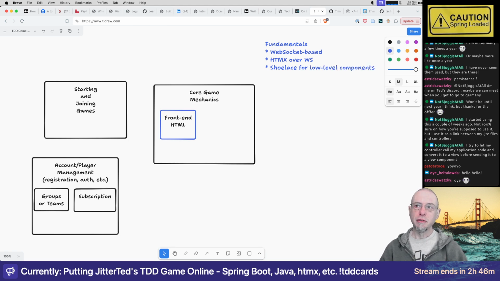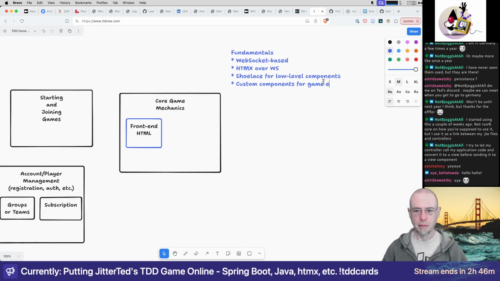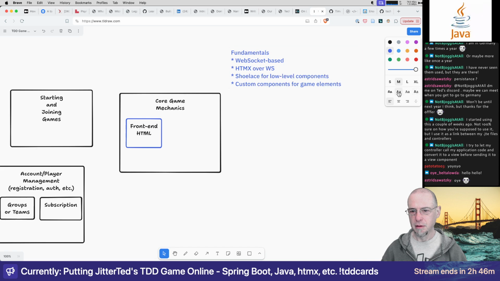So Shoelace for low-level components, and then custom components for custom game elements.